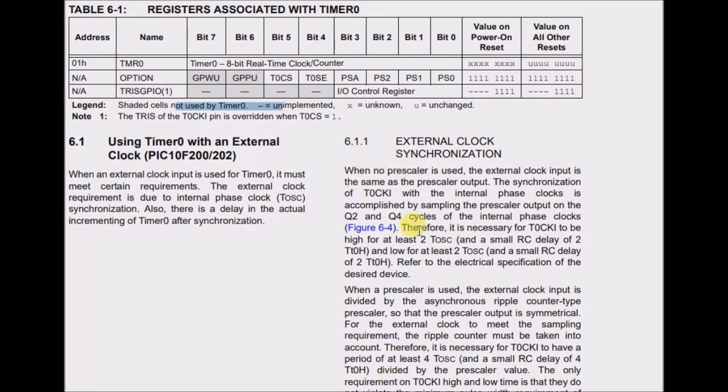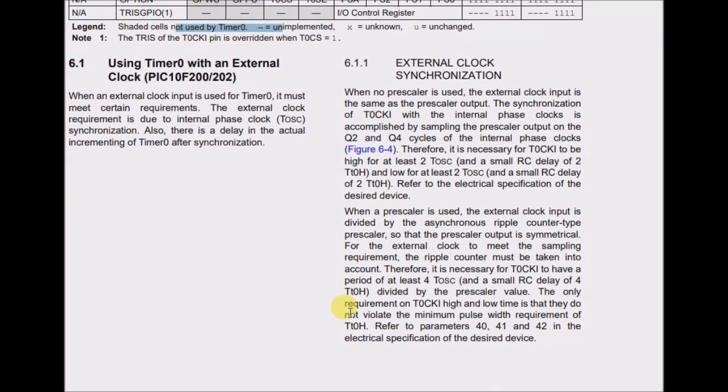External synchronization. When no prescaler is used, the external clock input is the same as the prescaler output. The synchronization of T0CKI with the internal phase clocks is accomplished by sampling the prescaler output on the Q2 and Q4 cycles of the internal phase clocks, Figure 6.4.